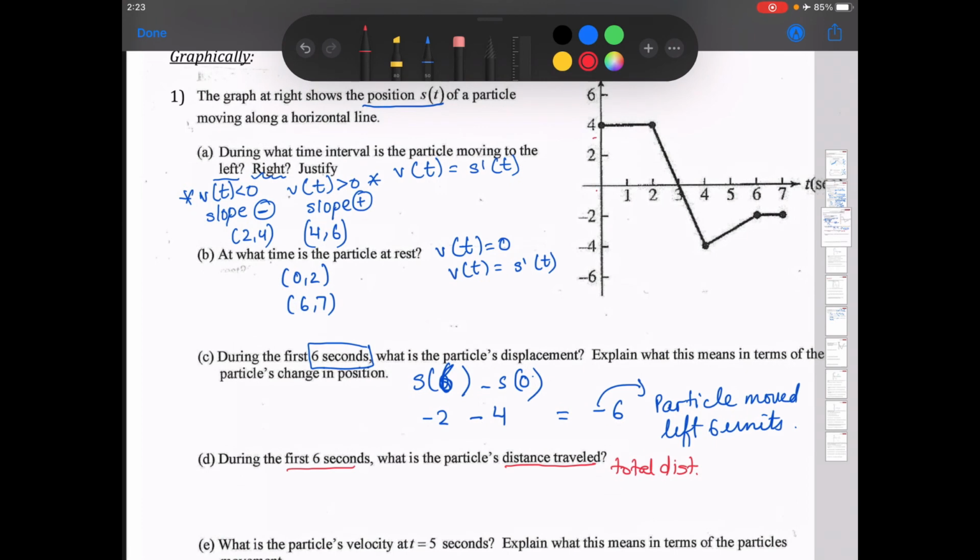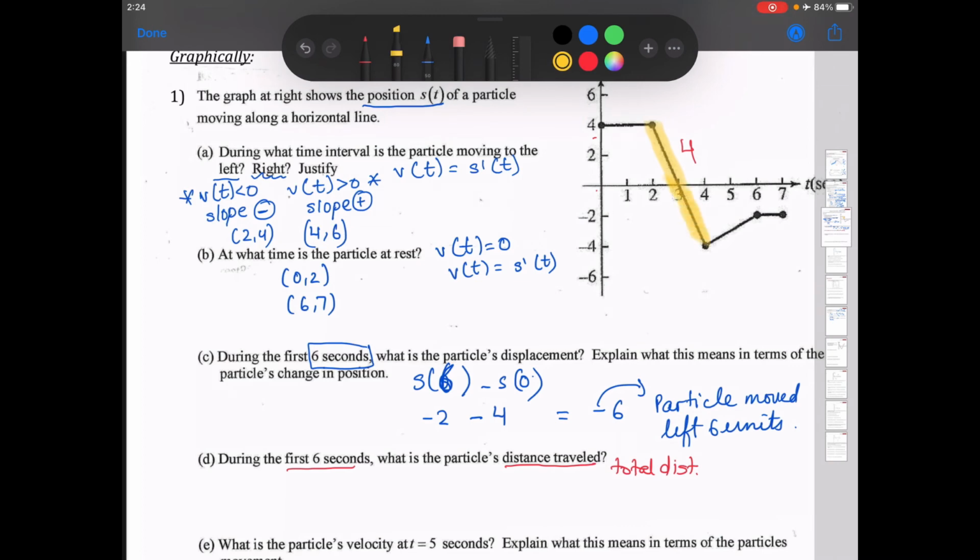So from 0 to 2, if you look at this position graph, the particle is at rest, so there's no distance being traveled. Then I look at from 2 to 3, a total distance of 4 units is being traveled, right? So that's 4. Then as we go from 3 to 4, again, you'll be like, oh, it's negative 4. No, it's the absolute value, so it's another 4 units.